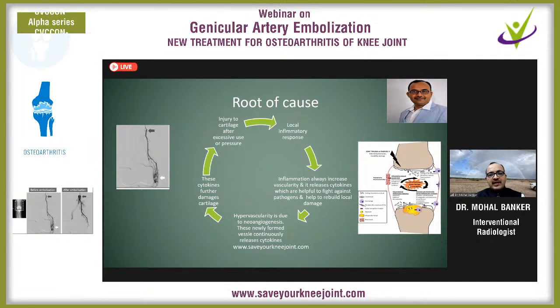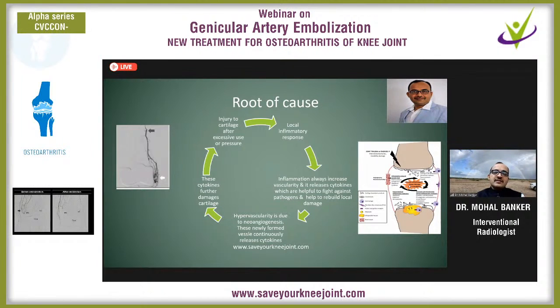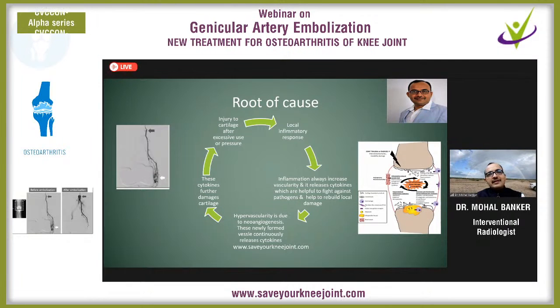These cytokines are of two types. One helps in rebuilding the tissue, and the other is just the opposite, helping in destroying the tissue or the pathogens. In layman's language, we can consider that these cytokines, or this inflammatory reaction, are just like our Indian Army.